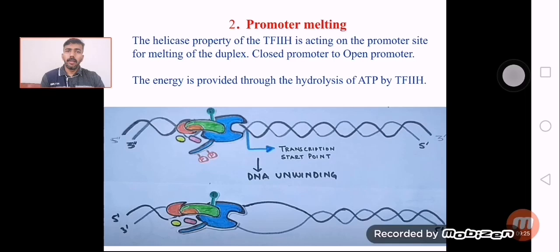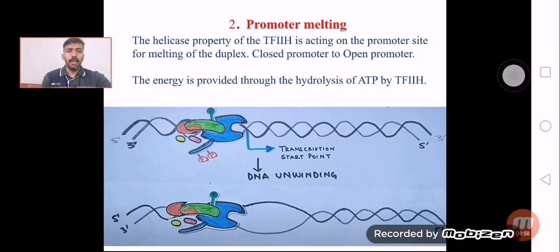Usually around 15 to 18 base pairs will be unwound, spanning the +1 site. So the +1 site will be open and ready for transcription, that means ready for the addition of nucleotides complementary to the sequence in the DNA template, right? And the energy required for this process will be provided by the ATPase activity of TF2H itself, right?